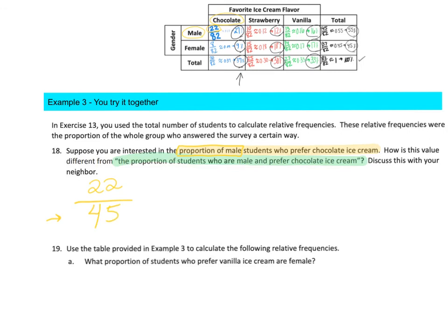Okay. For this other one, we're finding the proportion of students who are male and prefer chocolate ice cream. So there were 22 male students who prefer chocolate ice cream, but we're finding the proportion of students. So it doesn't say of male students, it says of students. So this is out of the 82. Okay?